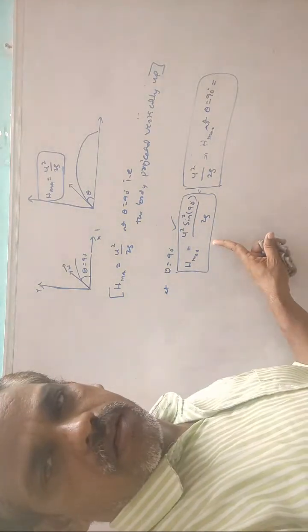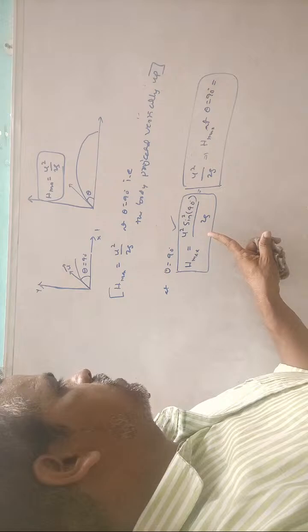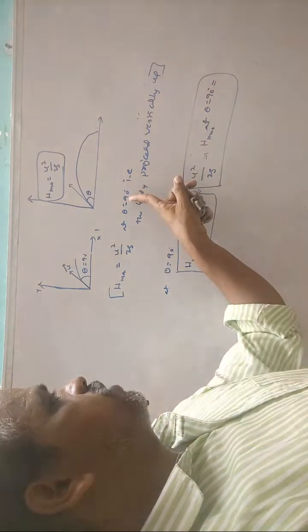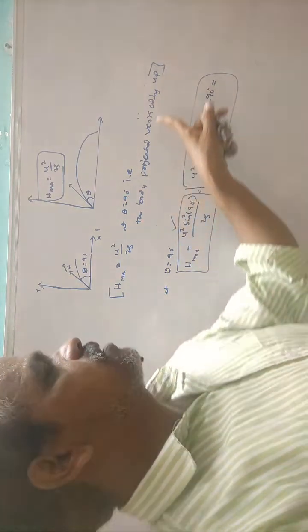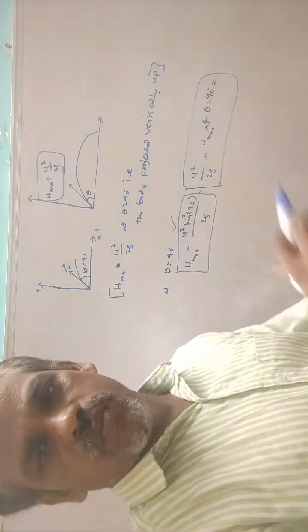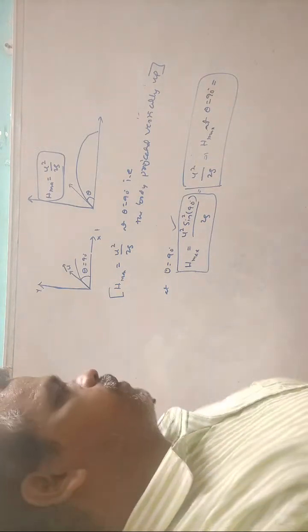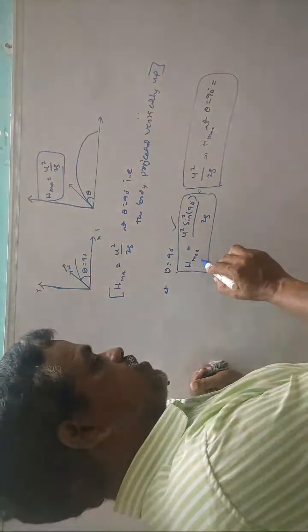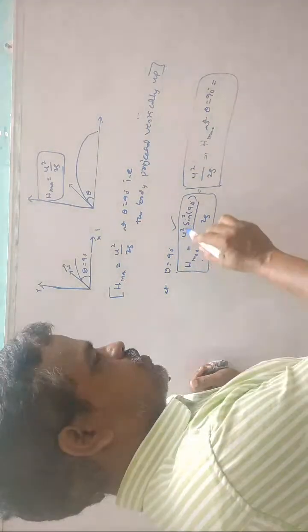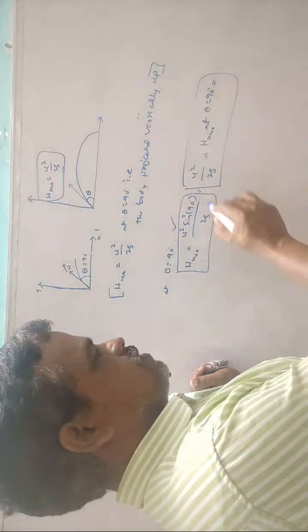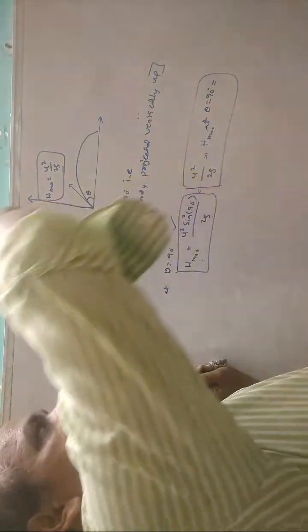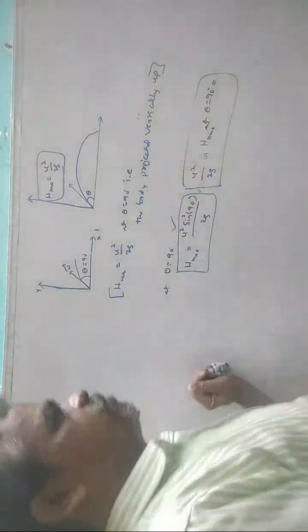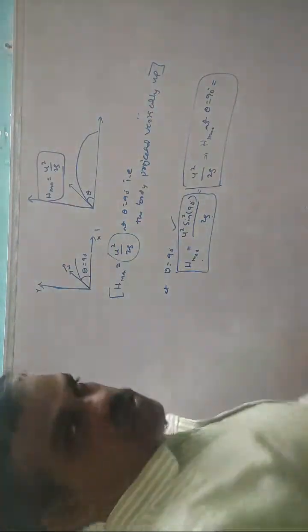So at theta equal to 90, that is nothing but the body projected vertically up. That is what I want to explain here. The maximum height reached by the obliquely projected body is u square sin square theta by 2g. When theta equals 90, the body is projected vertically up, and it will become u square by 2g. Just write it.